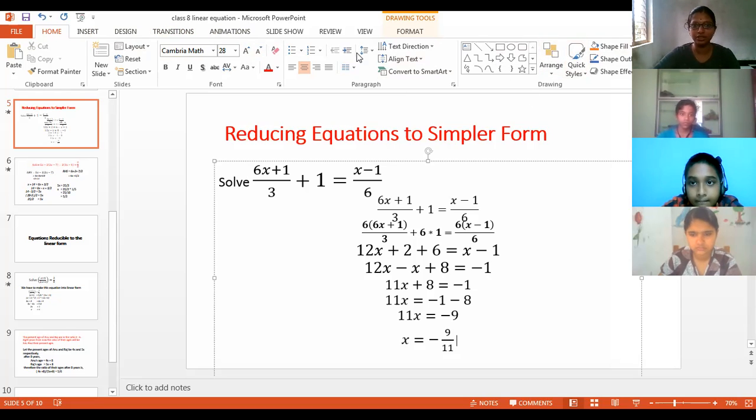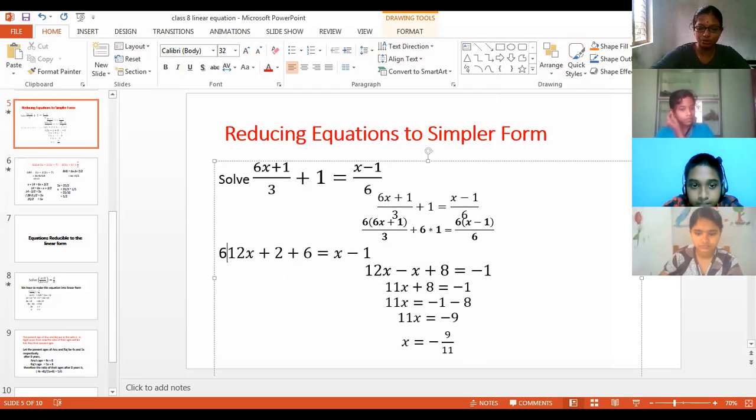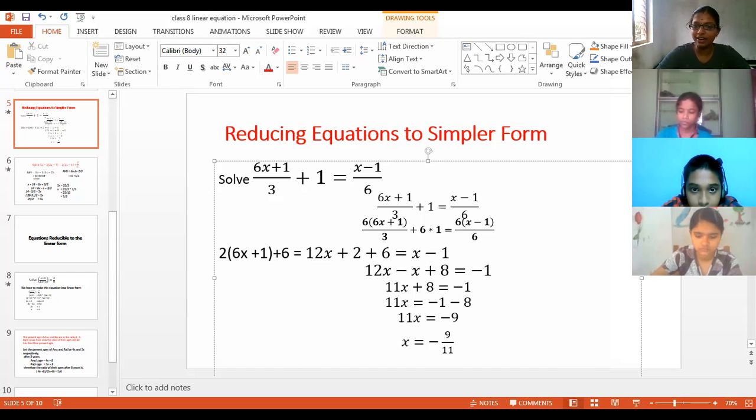I'm just writing this here. That is 6 into 6x plus 1, which becomes, as we have changed this 6 to 2, 2 into 6x plus 1 plus 6, which is equal to, here we have cancelled both the 6's, so we get only x minus 1.